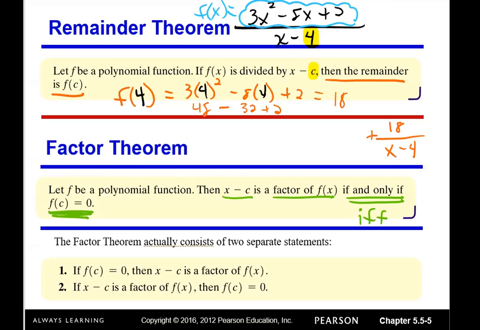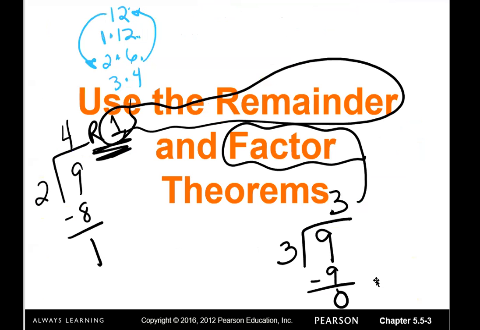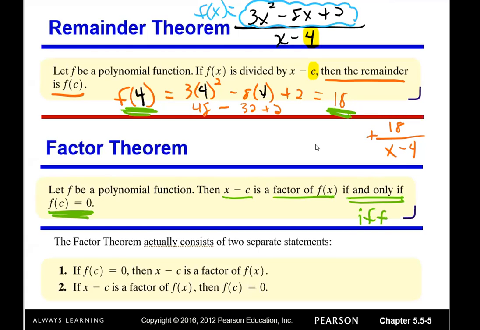So if they ask you to calculate the remainder, and you calculate f of c like I did up here, and instead of 18, I got a 0, then that means it divided evenly, which is what I was trying to say back here when I said 3 goes into 9 3 times and you get a 0 right there. If you have a remainder of 0, that means it divided evenly, and it's actually a factor. And that's what they're saying. It will be a factor of f of x if the remainder is 0.